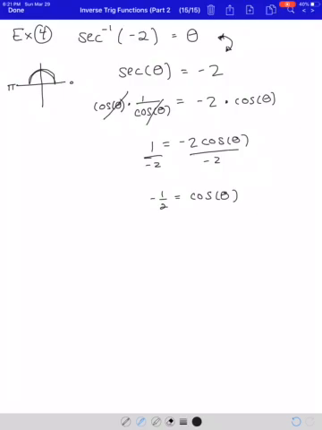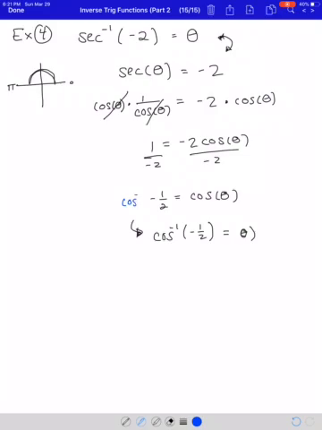Now we're just looking to solve this equation. When does cosine equal -1/2? Or in terms of an inverse function, we could write this as cosine inverse of -1/2 is equal to theta. Basically what we did here is take the inverse of both sides.